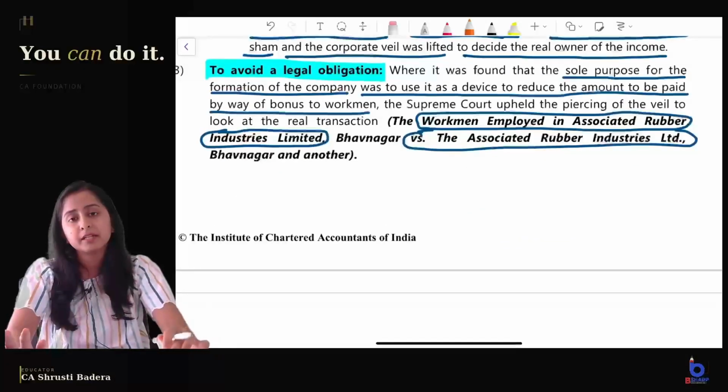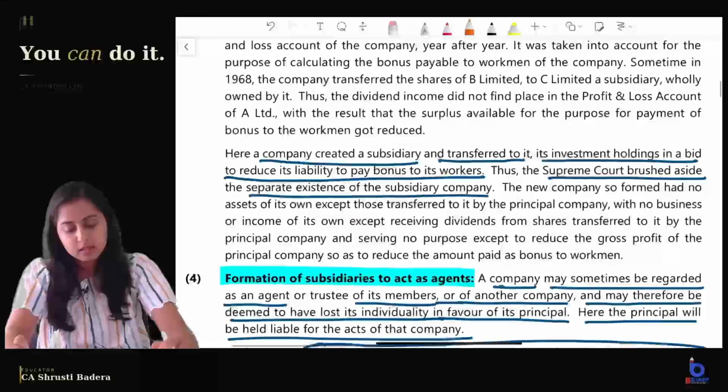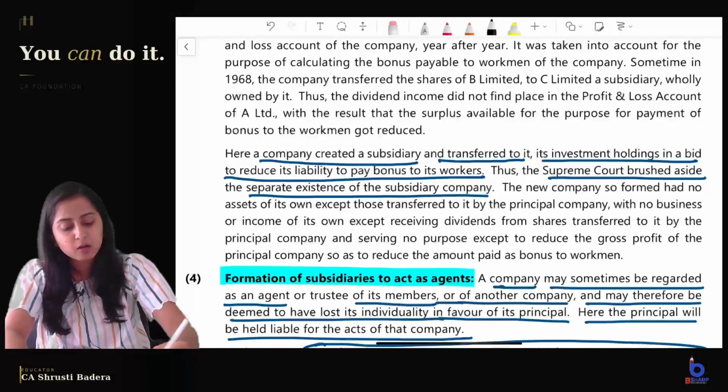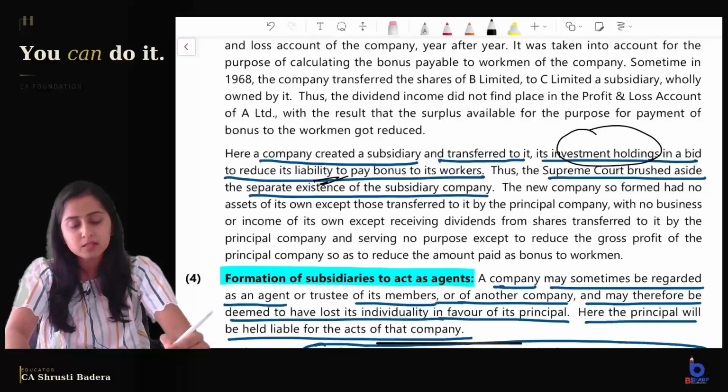Another case where the company was formed to avoid legal obligation, that is, to reduce the payment of bonus to the workmen. Now what did these people do? They created a subsidiary company and transferred to it all the investment holdings in a bid to reduce liability to pay bonus to the workers.